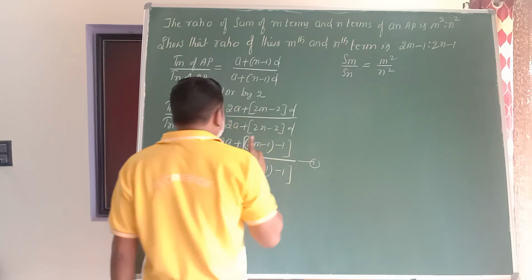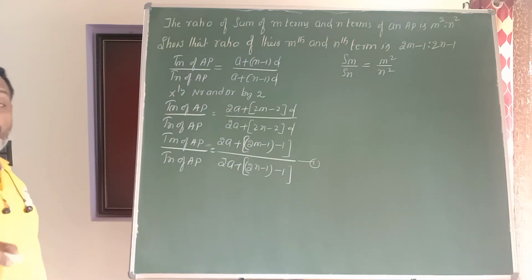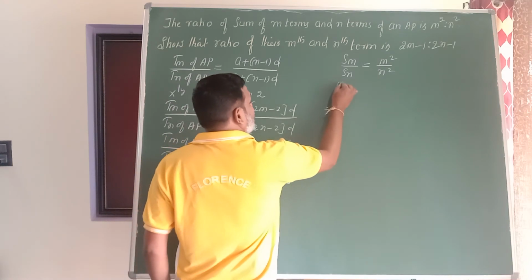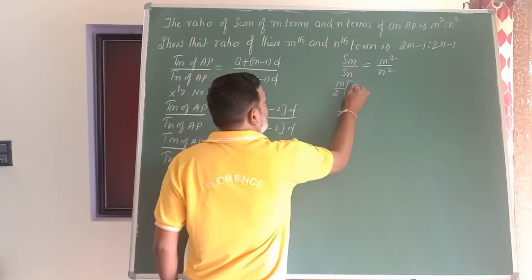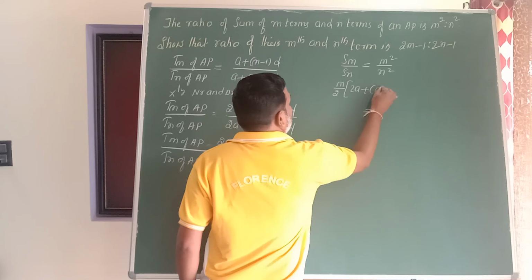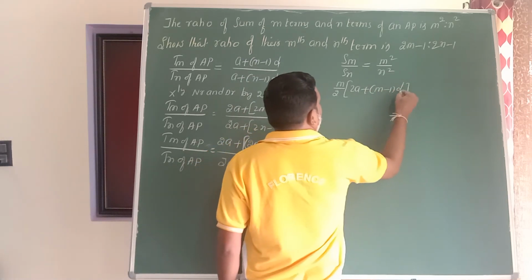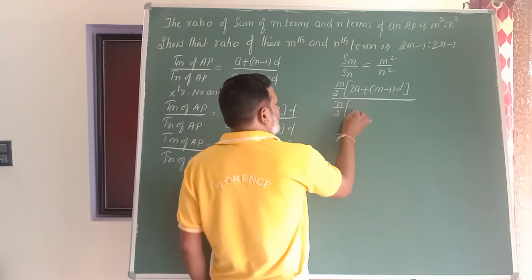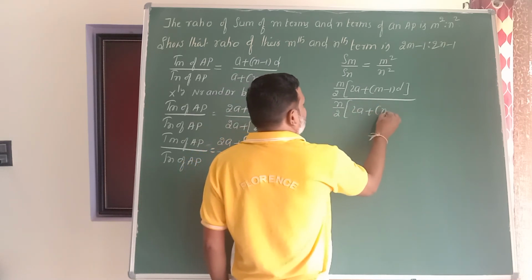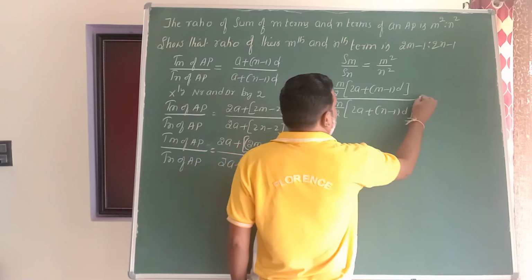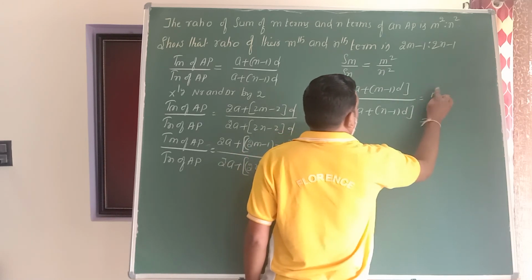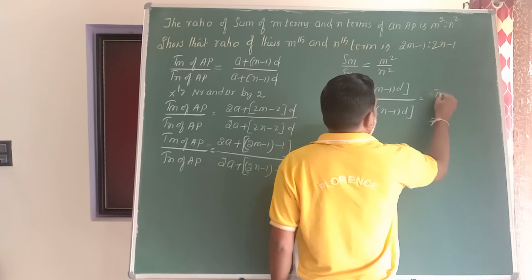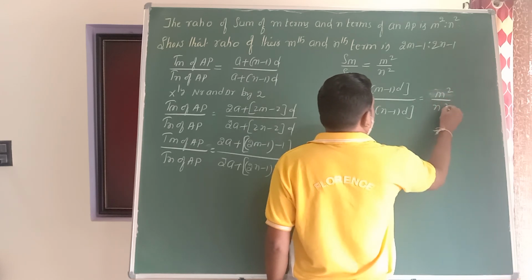Sm is m by 2 into (2a plus (m minus 1) into d), divided by Sn is n by 2 into (2a plus (n minus 1) into d). That is equal to what their ratio they are given? That ratio is m square divided by n square.